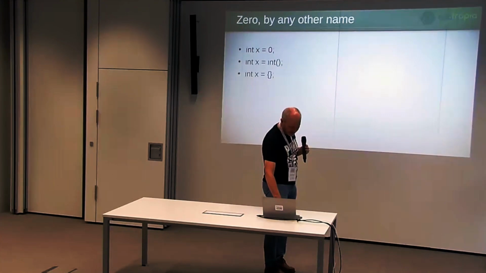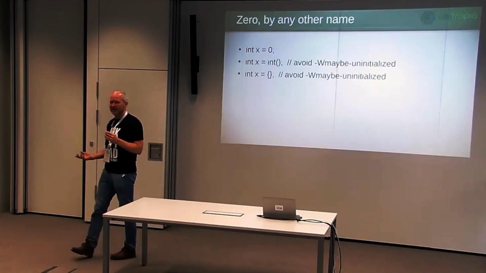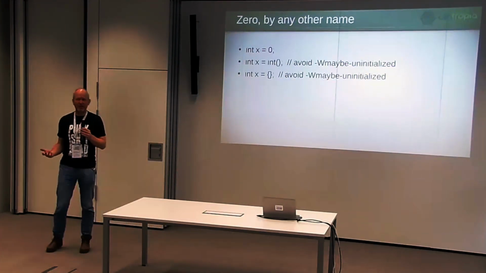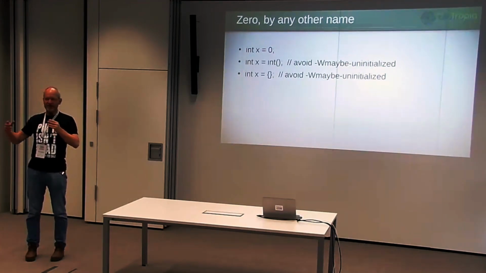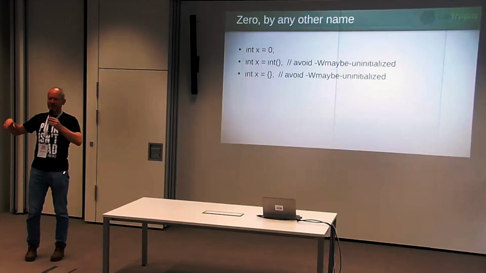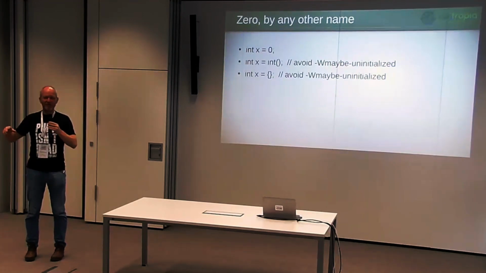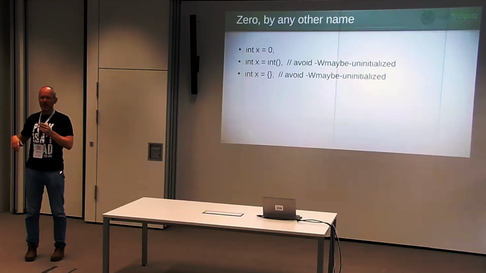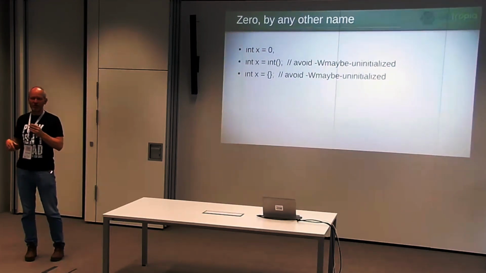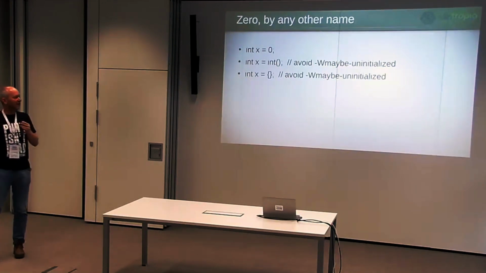Again, subtle things. It's just a clue that you're initializing the variable just because the compiler is too dumb to find out that you're not using the value. So if there's complicated logic assigning to that x and then using that x in different if-else branches, then it might be obvious to the programmer that x will never be read before it has been written to, but it's too complicated for the compiler to find out, so the compiler will emit these maybe uninitialized warnings.